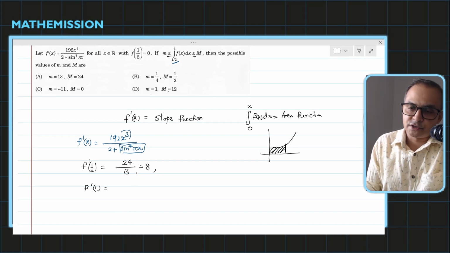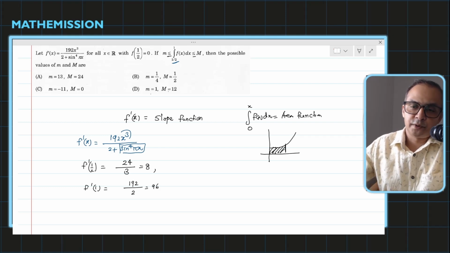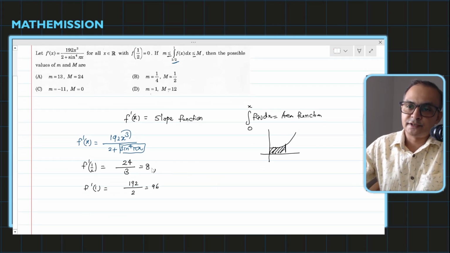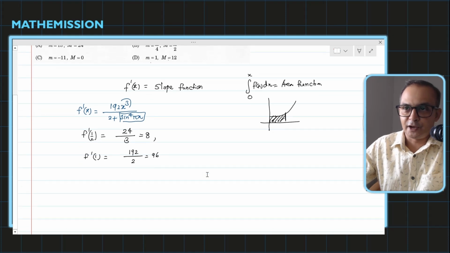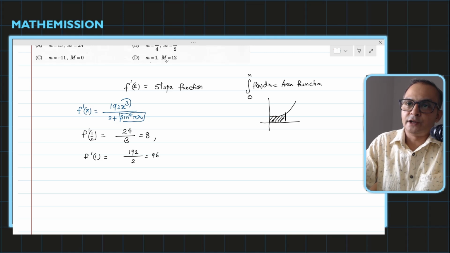At f dash 1, that value will be 192, and the denominator will be 2 only, so that is 96. So the slope of the function, because x is changing between half and 1, lies between 8 and 96. So let's now try to understand graphically what I mean to say. So I draw the graph.